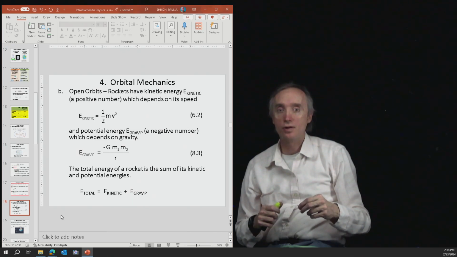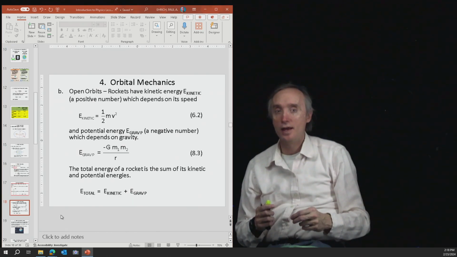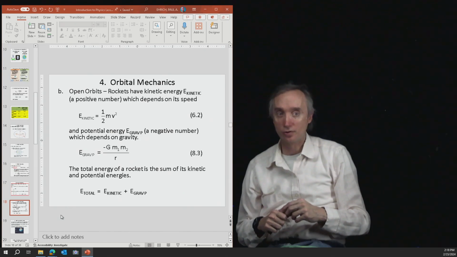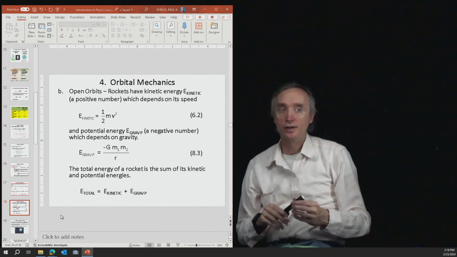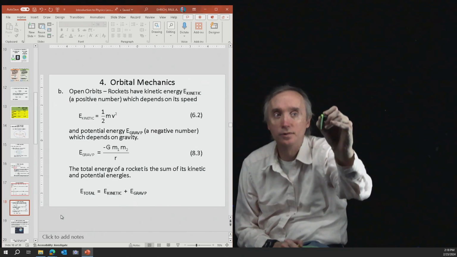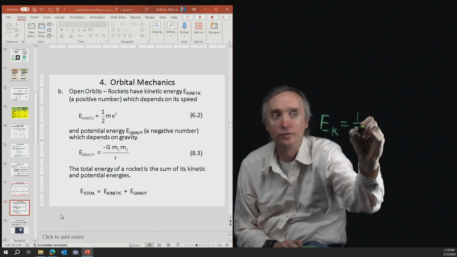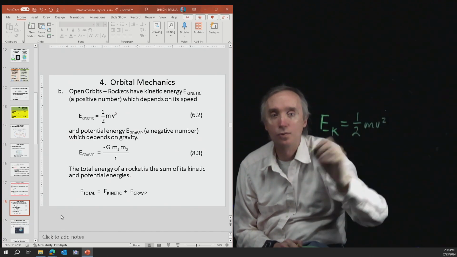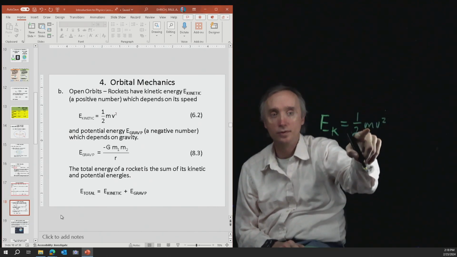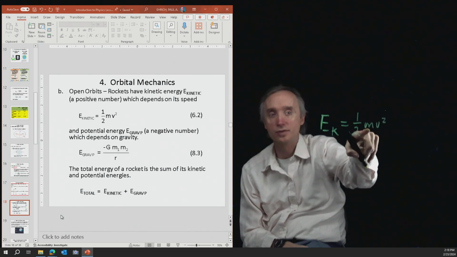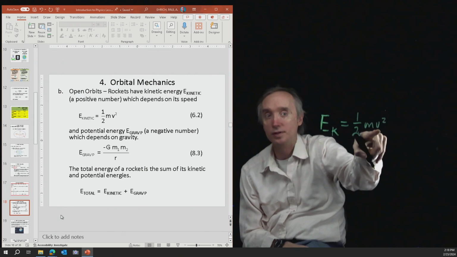One kind was called kinetic energy, and another kind was called potential energy. Kinetic energy, E sub k, was equal to 1/2 mv squared. m is the mass of the object that's moving, like a rocket ship, and v is the speed of the rocket ship.